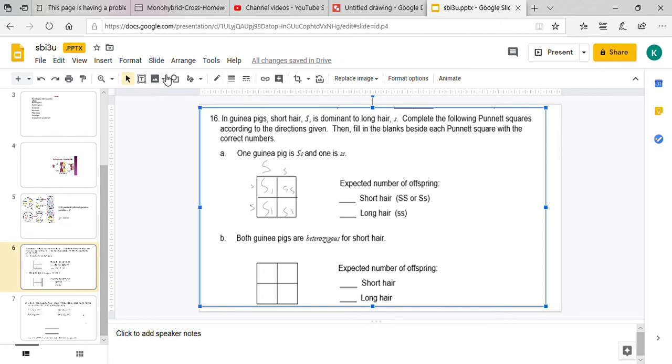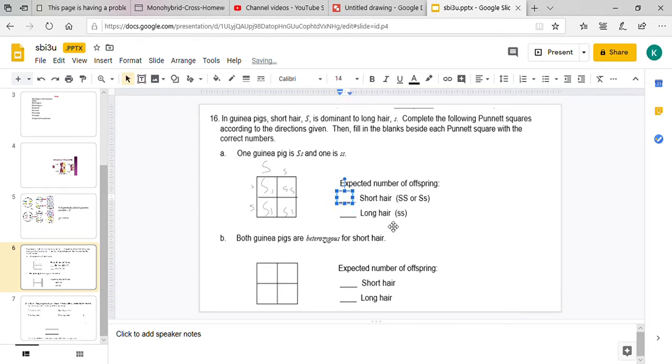So the frequency is 2 in 4, meaning every time these couples have an offspring, they have a 2 in 4 chance of it having short hair, or a 50% chance.